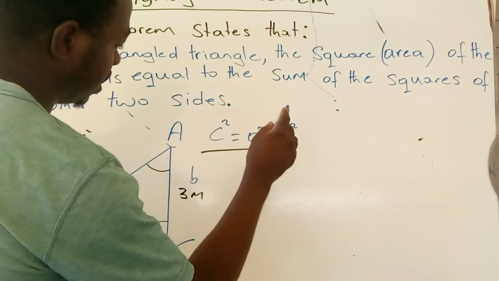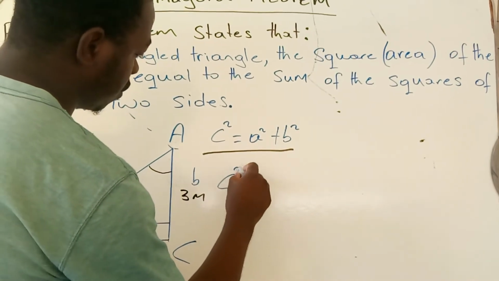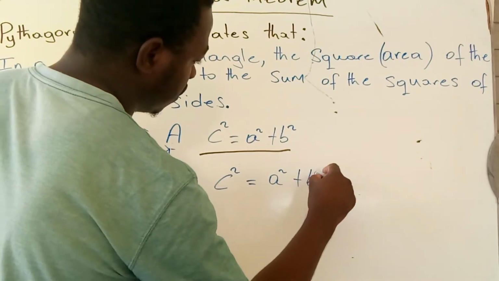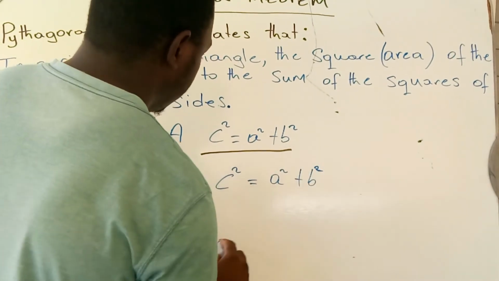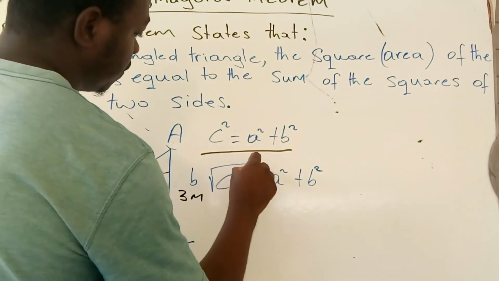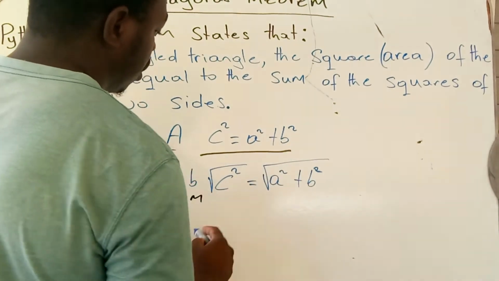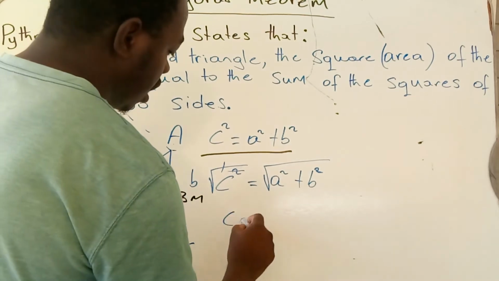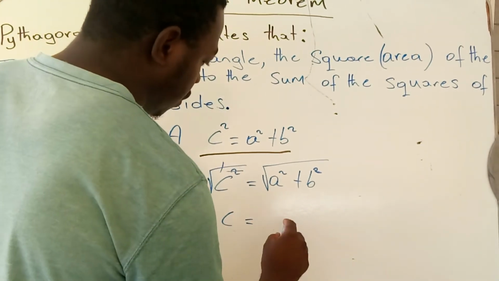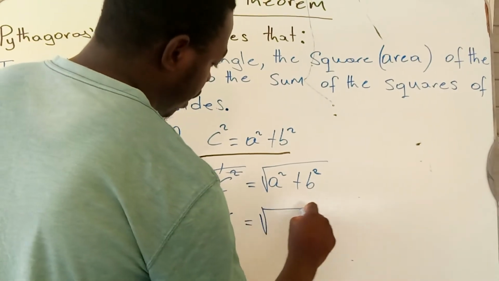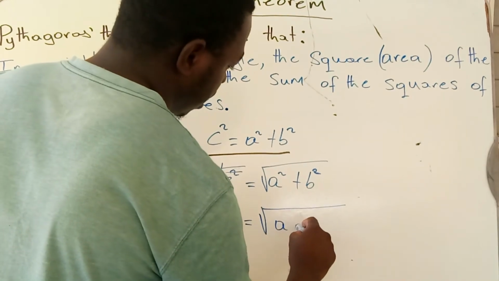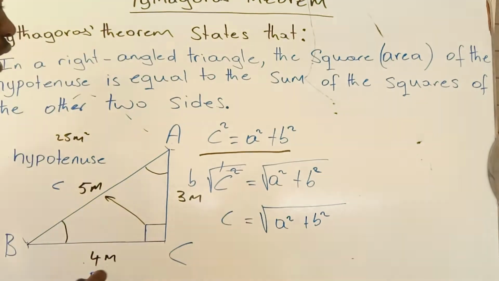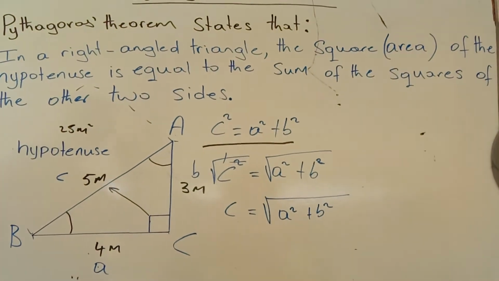If you root both sides, you realize that the square root sign cancels out the 2, so C would actually equal the square root of A squared plus B squared. And that's one way you can write it, right?